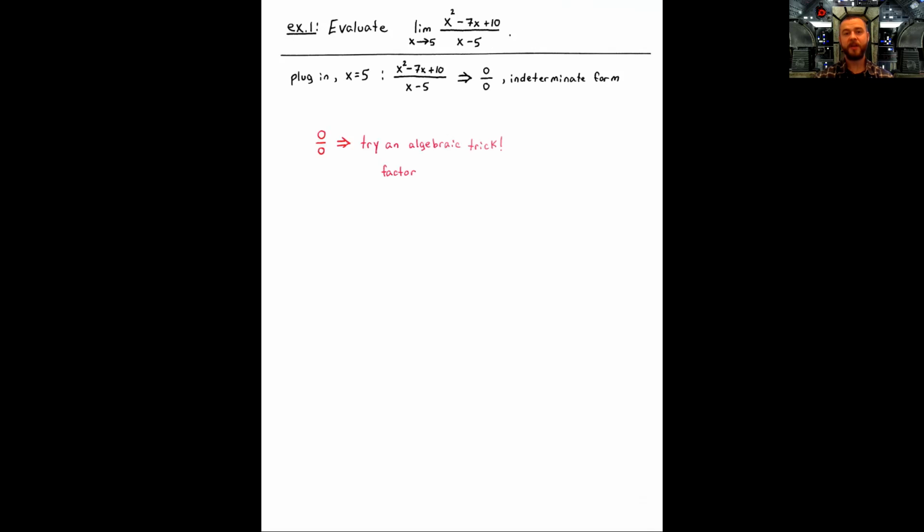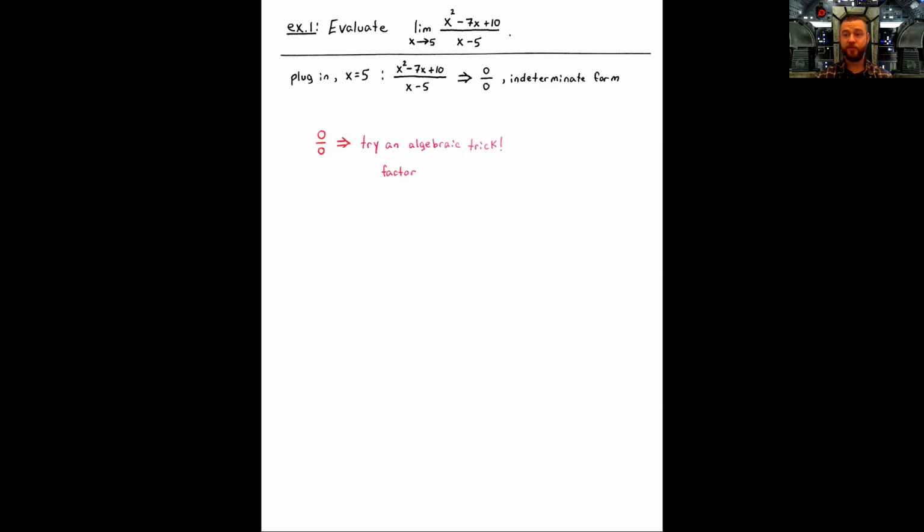So directly plugging in or substituting x equals 5 doesn't give us our answer for the limit here, since 0 over 0 is not a defined function value. Now what plugging in does tell us, it guides us: whenever we have an indeterminate form, typically 0 over 0, that's almost always going to hint or point towards trying an appropriate algebraic trick, or rewriting your function using some basic algebraic techniques.